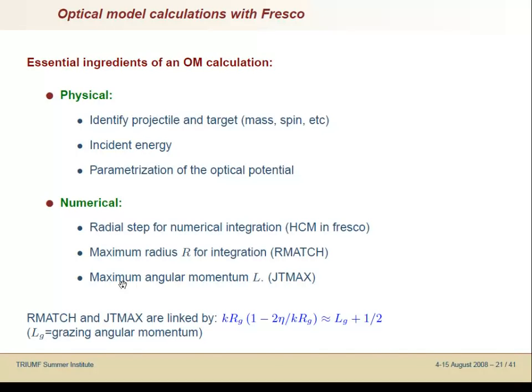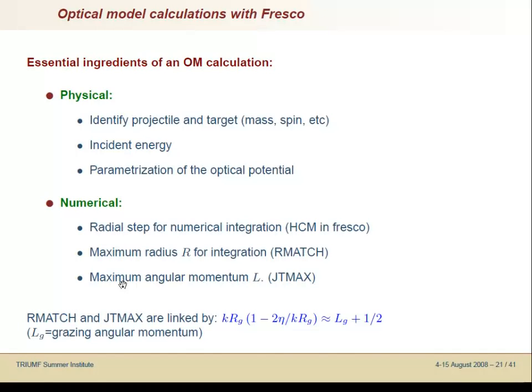So this is the point at which we can stop the sum. But Fresco doesn't know anything about that. So if we cut too soon, Fresco will do the calculation for us. It will give us the results, and it's our responsibility to understand the results and to make sure that they are sensible or not. Okay? So as I insist, we have to make a few checks every time we do a calculation, even if it is simple.